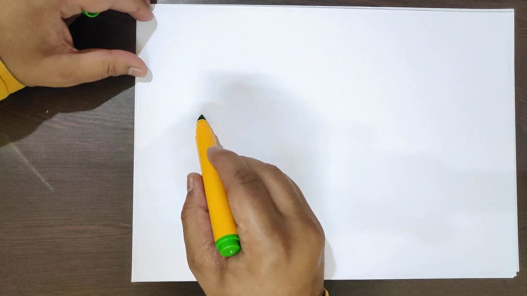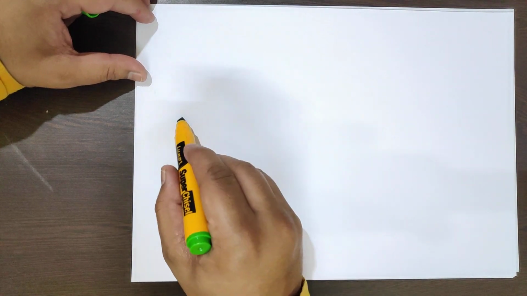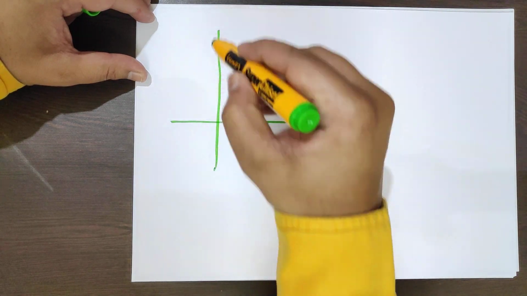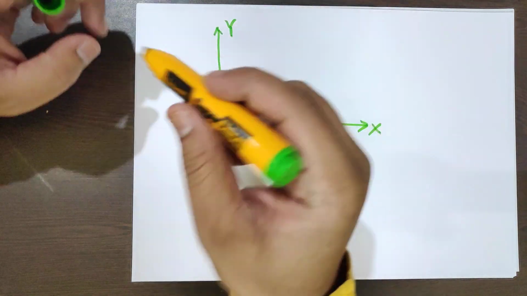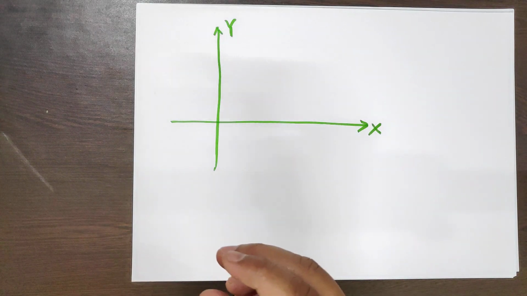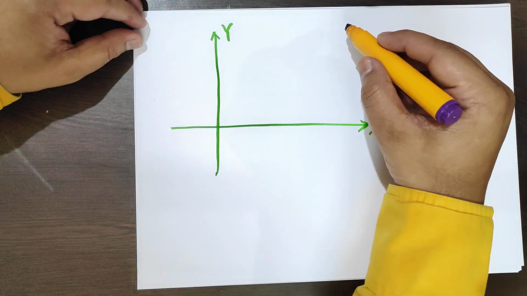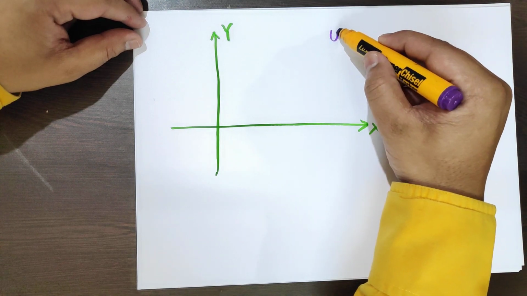Okay, now suppose for the time being I am talking about the x and y axis only, that is two-dimensional. Now suppose this is x, y axis, right? Now we define unit coordinate vectors.